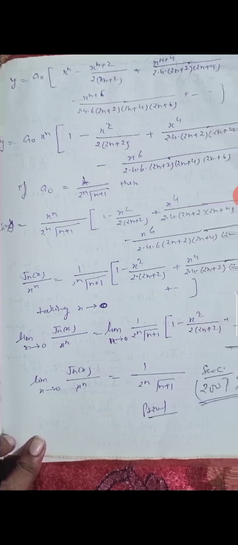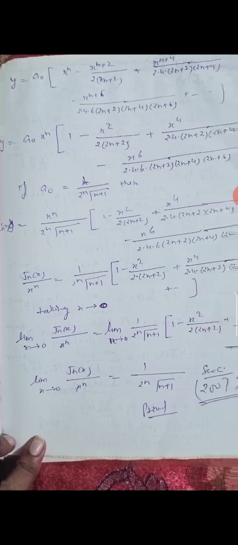If a naught is equal to 1 upon 2 to the power n gamma n plus 1, then y converts into Jn(x). This Jn(x) is equal to x to the power n upon 2 to the power n gamma n plus 1 in bracket 1 minus x square upon 2 into (2n plus 2) plus x to the power 4 upon 2·4 (2n plus 2)(2n plus 4) minus x to the power 6 upon 2·4·6 (2n plus 2)(2n plus 4)(2n plus 6).